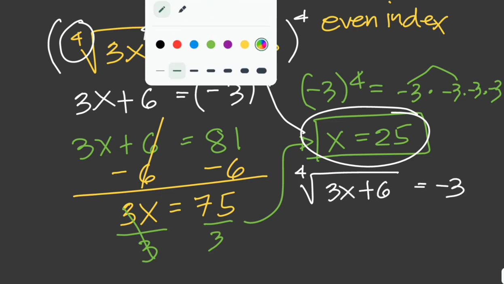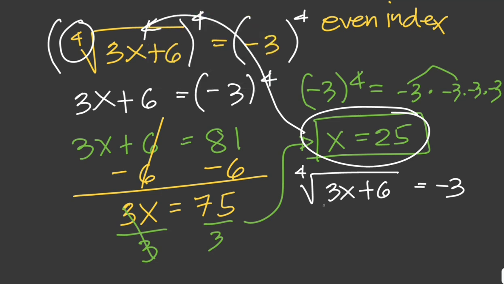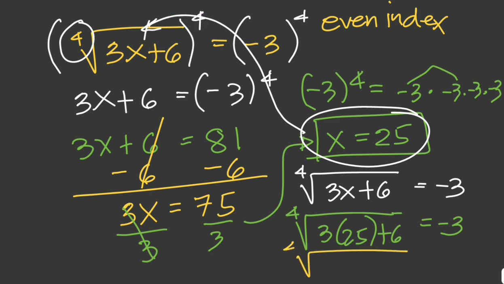Then we plug in 25. So this is the fourth root of 3 times 25 plus 6 equals negative 3. And this is the fourth root of 75 plus 6 equals negative 3.